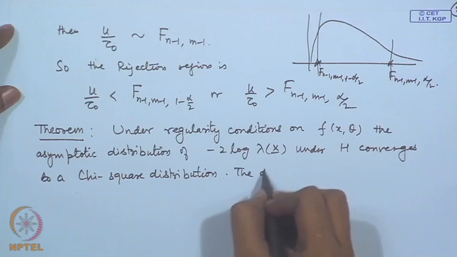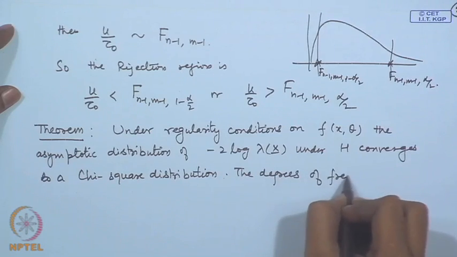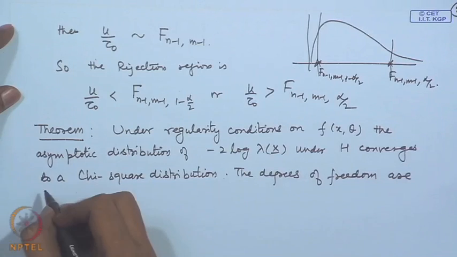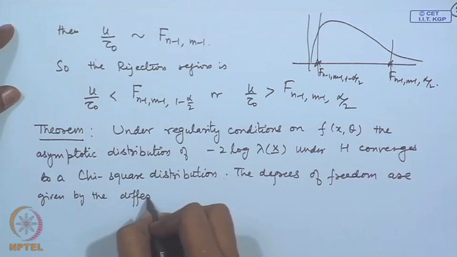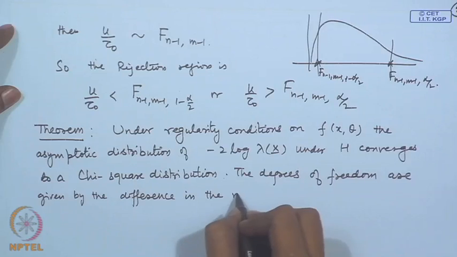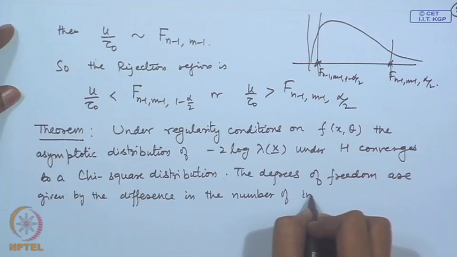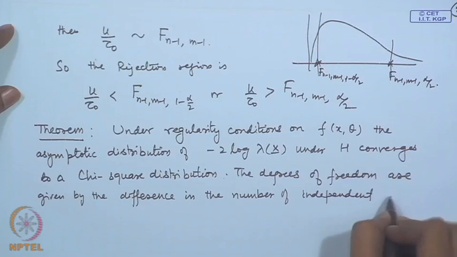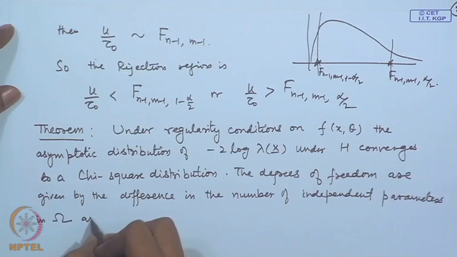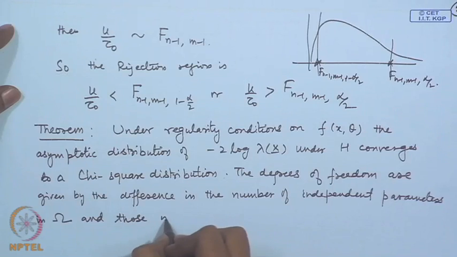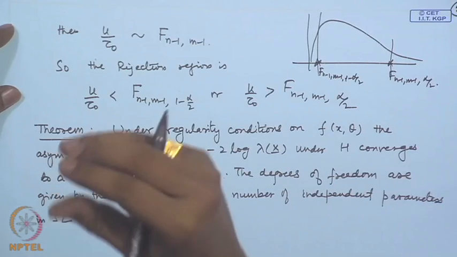The degrees of freedom of this chi-square are given by the difference in the number of independent parameters in omega and those in omega H. For example, in the previous problem omega had 4 dimensions: mu 1, mu 2, sigma 1 squared, sigma 2 squared.